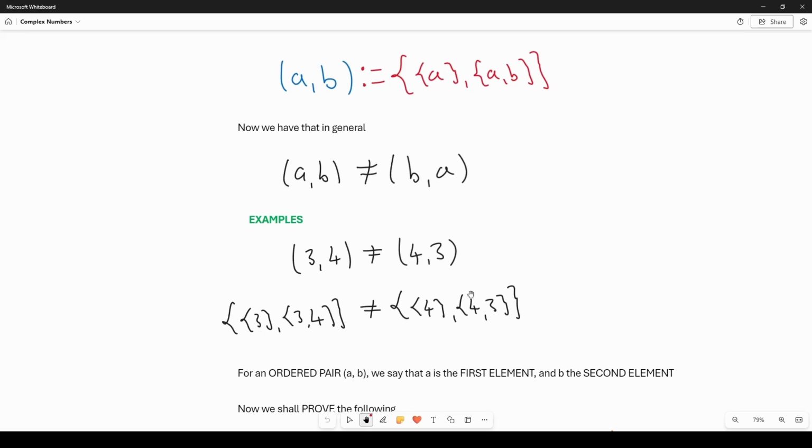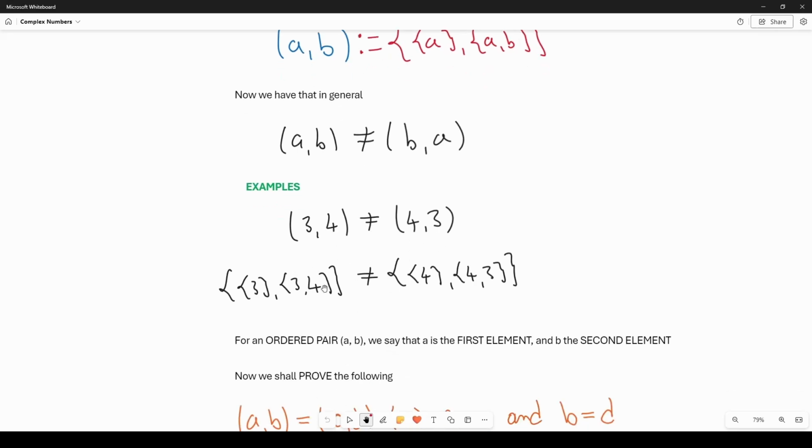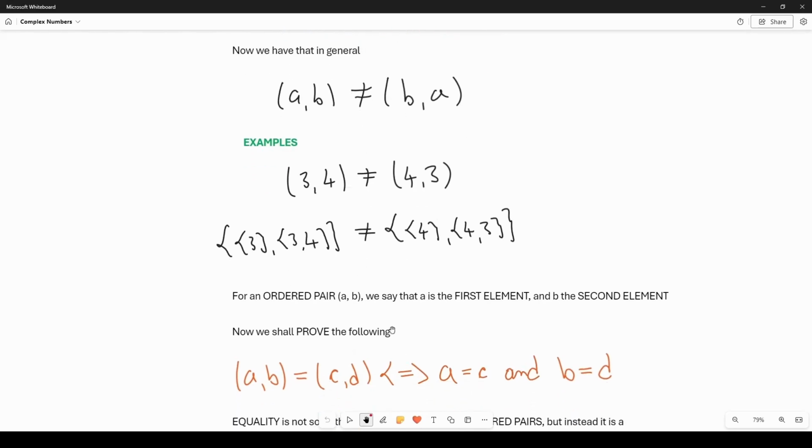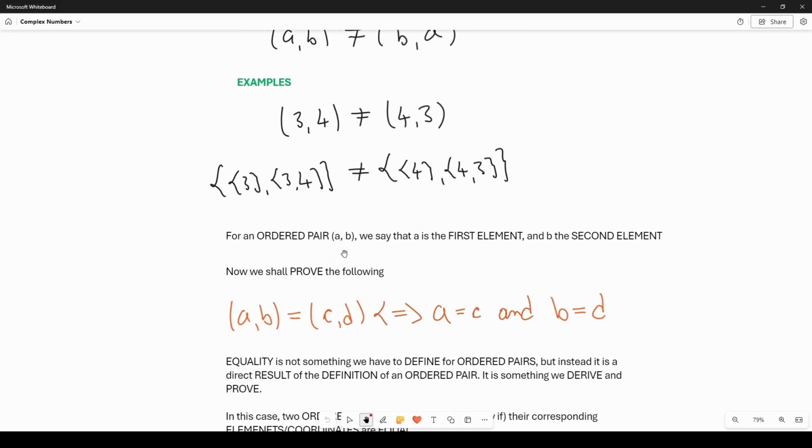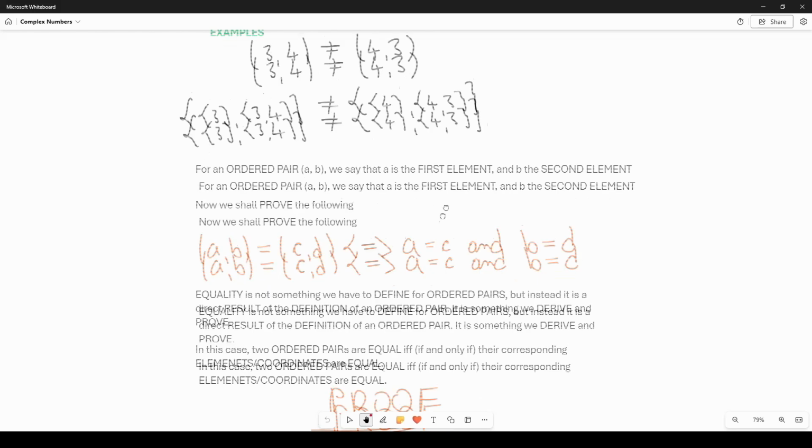This is the only element they share, and this set over here has this element, whilst this set has this element, so they're not equal, hence the ordered pairs are not equal. And we have what we wanted. This is different from this, so order does matter in ordered pairs, hence the name. So for an ordered pair (A, B), we say that A is the first element and B the second element.